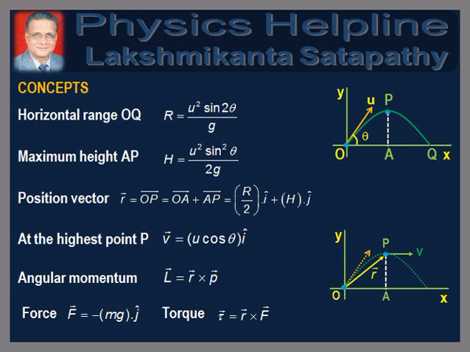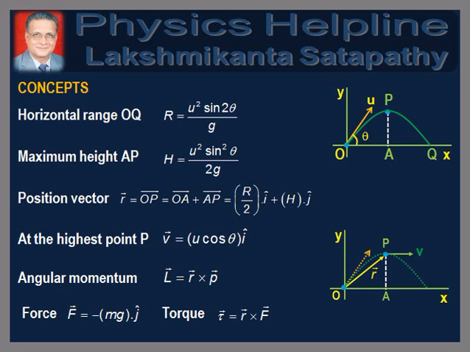Now, position vector of the highest point P is given by r is equal to OA plus AP. Now, OA is equal to R by 2 and it is along the positive x direction, and AP is equal to H and it is along the positive y direction.